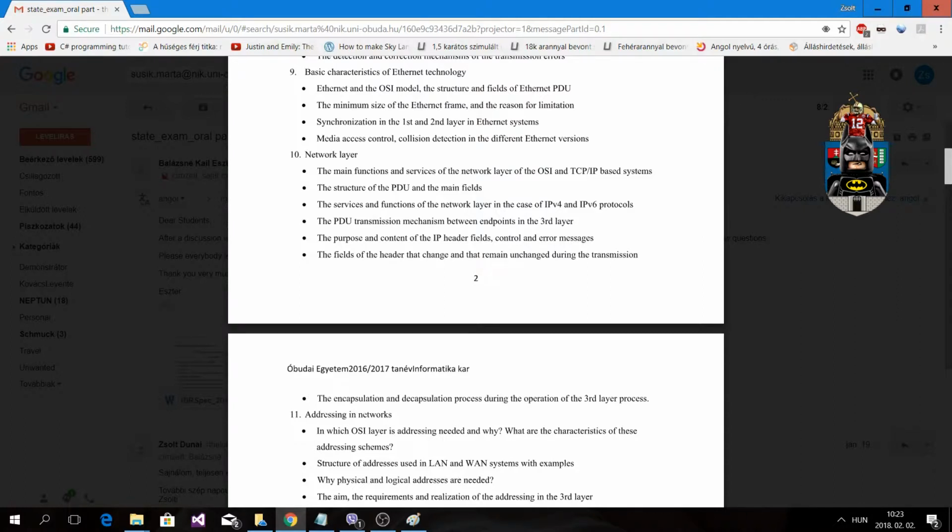In case A, it will be sent immediately to the destination, so it will be received by host B. In the second case, it will not be received immediately, but first by a network device, for example a router, and from that router it will be received by the destination.